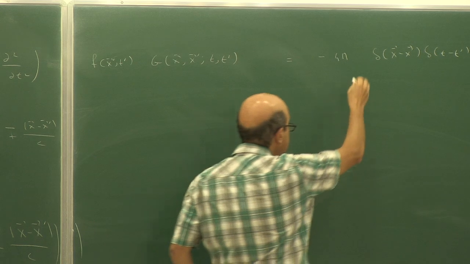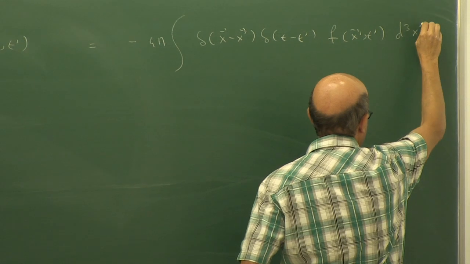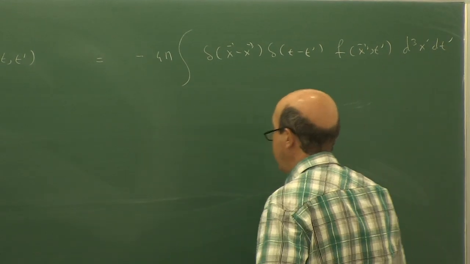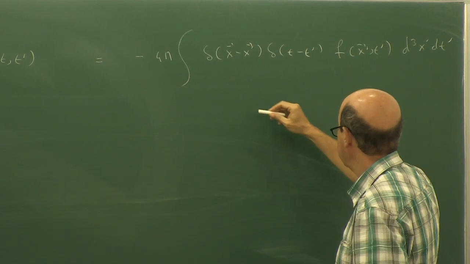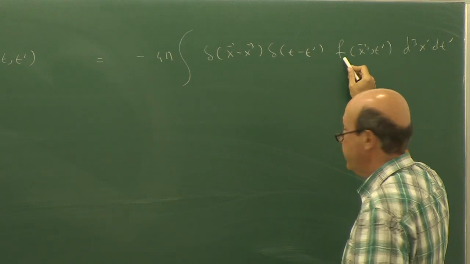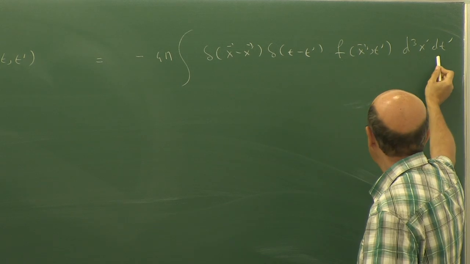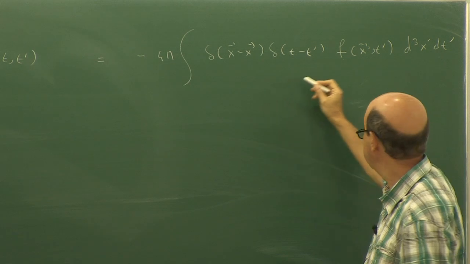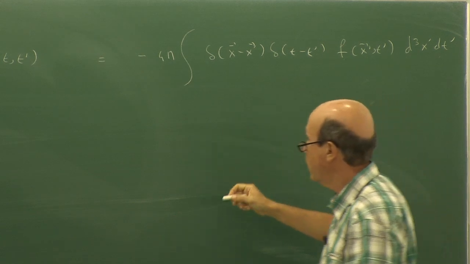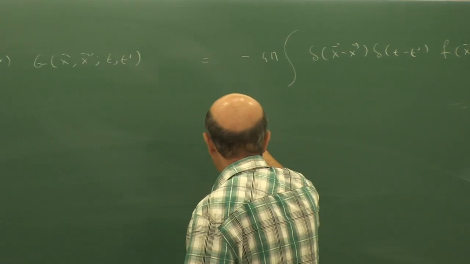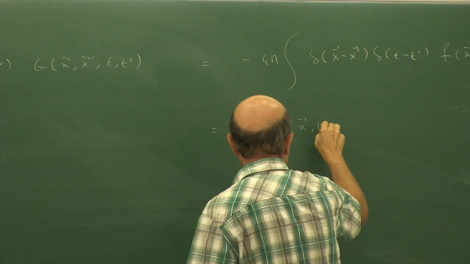So this should be integrated through d cube x prime and dt prime. Okay, so d cube x prime integration makes what? f x prime is f x, and integration of dt prime makes what? t prime is t. So for the right hand side, you will obtain minus 4 pi f x t.